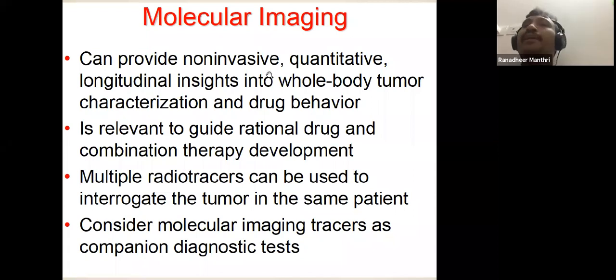It depends again on IDH mutation and all those things. That is a simple example. If you combine imaging with F-DOPA and FDG, you will get an excellent overview of the extent of the tumor. So molecular imaging will definitely help in characterization of the tumor, as well as see how the tumor is responding.